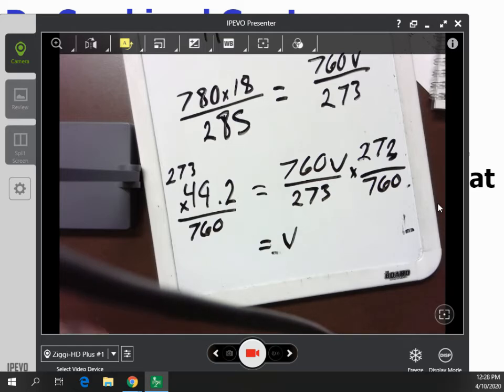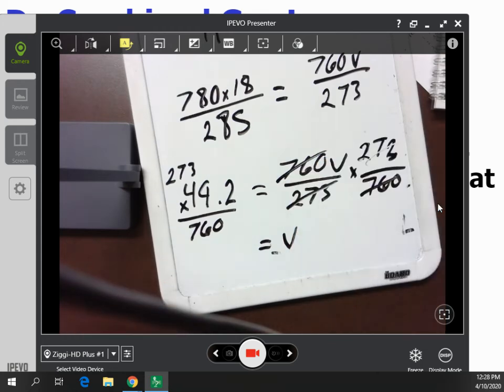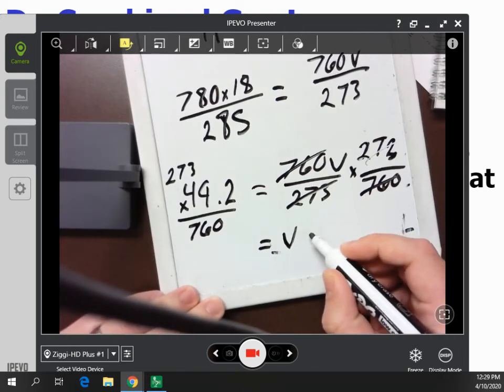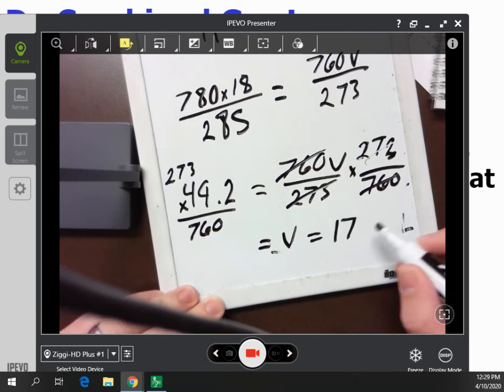Because remember, cancel out, cancel out, cancel out. If we take our answer, multiply it by 273, and then divide by our 760, we get a volume of 17.7.